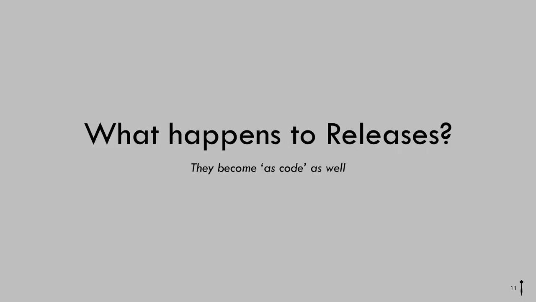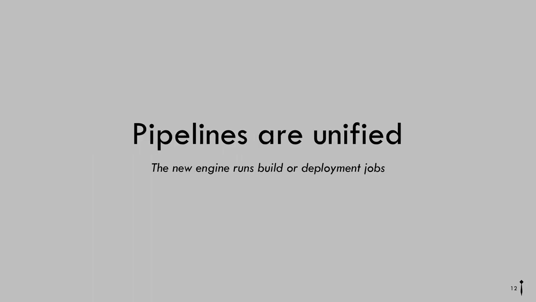What happens to releases? That's the usual question that I get, because especially in the documentation, you will see that it's always about build definitions. Well, releases become as code as well. So the pipelines are unified. In pipelines as code, you have the same engine that runs either build or deployment jobs. So you just have a different keyword that you use to identify whether you're running a build or you're running a release.